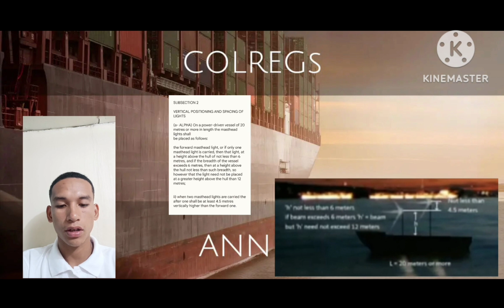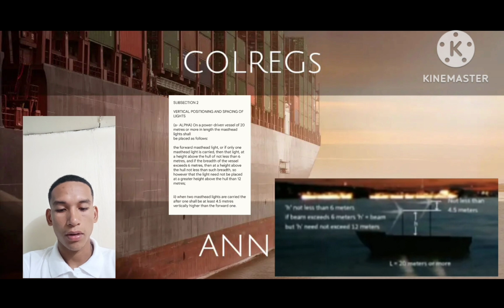The forward masthead light, or if only one masthead light is carried, then that light, at a height above the hull of not less than 6 meters. And if the breadth of the vessel exceeds 6 meters, then the height above the hull is not less than such breadth, so however that the light need not be placed at a greater height above the hull than 12 meters.